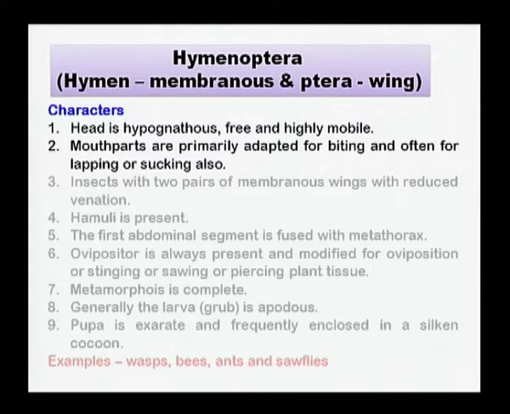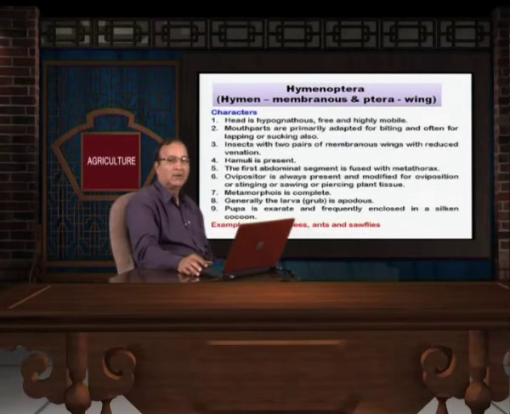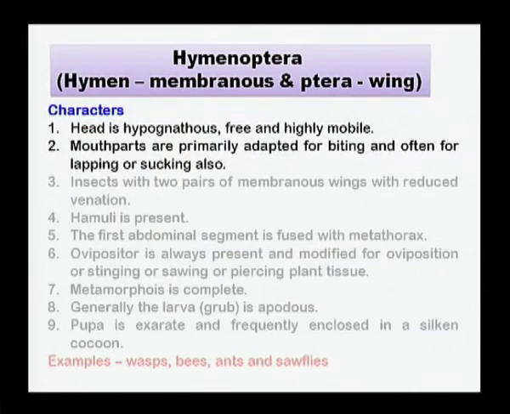Biting and chewing type mouth parts are where the insect feeds on solid food material, that is the leaves or very fine tender shoots of the plant, whereas the lapping and sucking type of mouth parts are meant for sucking the plant sap or the chlorophyll, which is done with the help of the stylets or needle-like structures, which are the characteristic features of sucking type mouth parts.